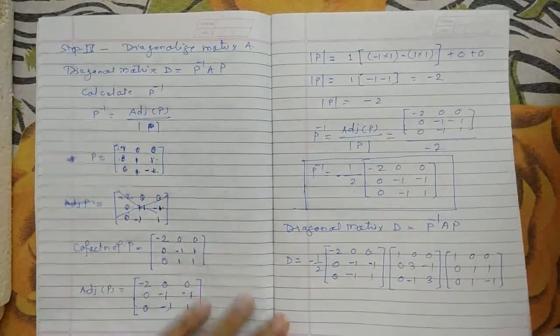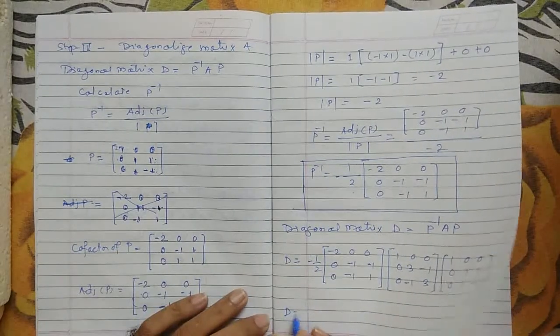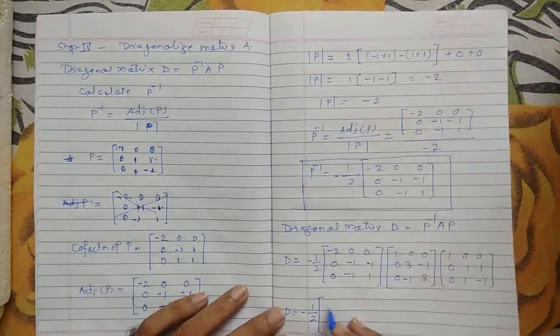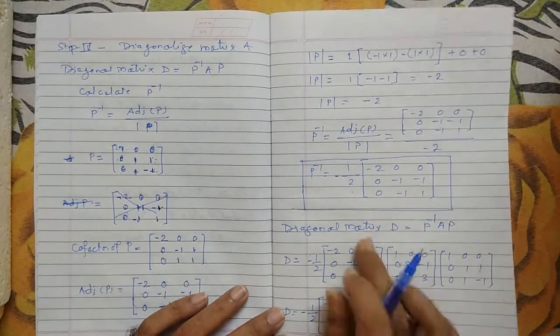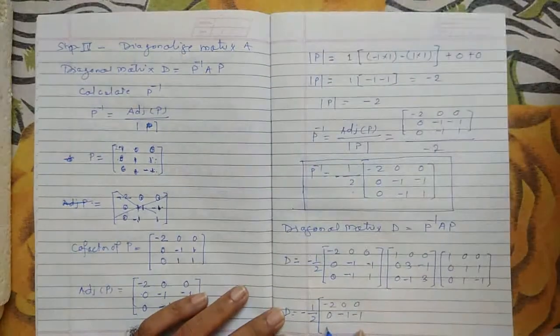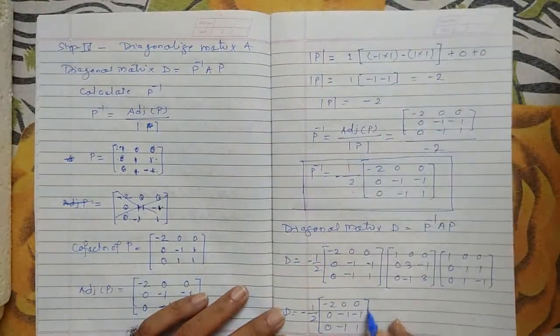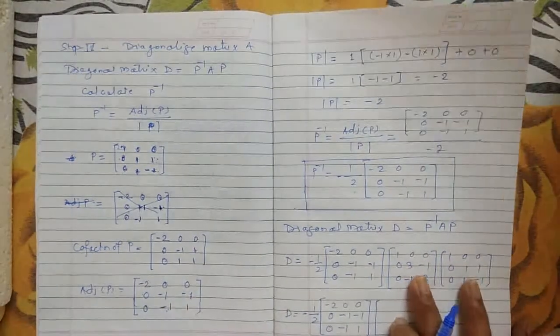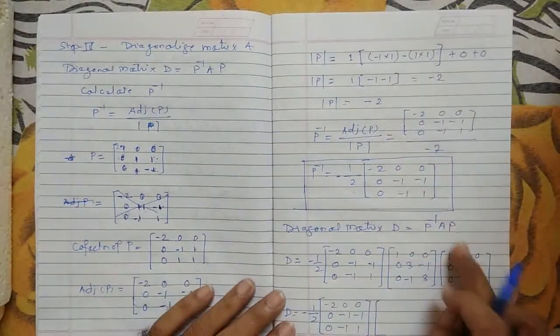Okay. Now D we can write down. D is equal to -1/2 times -2 0 0, this we will write down as it is, 0 -1 -1 and 0 -1 1, multiplied by. Now we will solve these two. We will multiply this 1 0 0 first row by the first column.